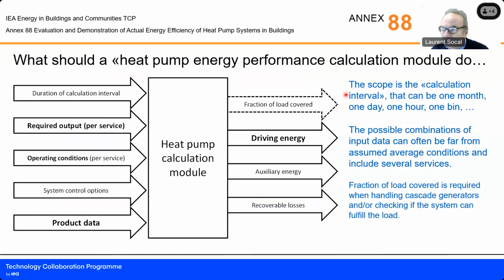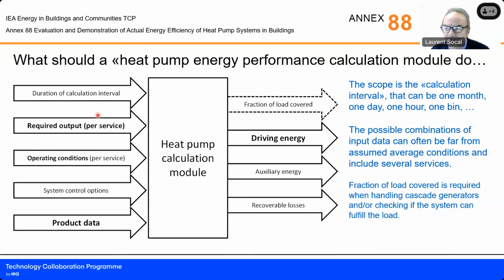So what should a calculation module for a heat pump do? And here you have a simple schematic. You have your calculation method for the heat pump, and this is input data. So typically the duration of the calculation interval. You know, not the climate directly or this kind of information.